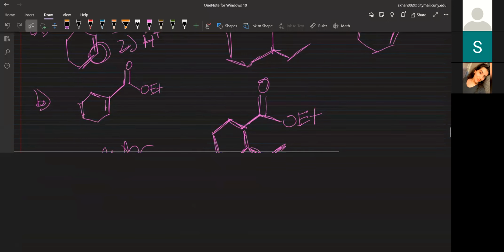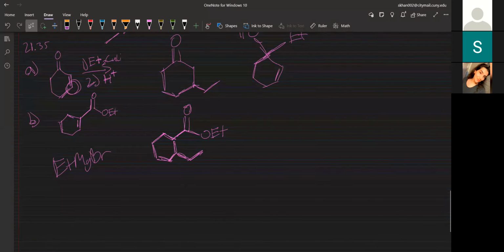In terms of what to use, if you have to do this for a synthesis type question, remember: don't use a Grignard, or don't use powerful nucleophiles that are not selective.